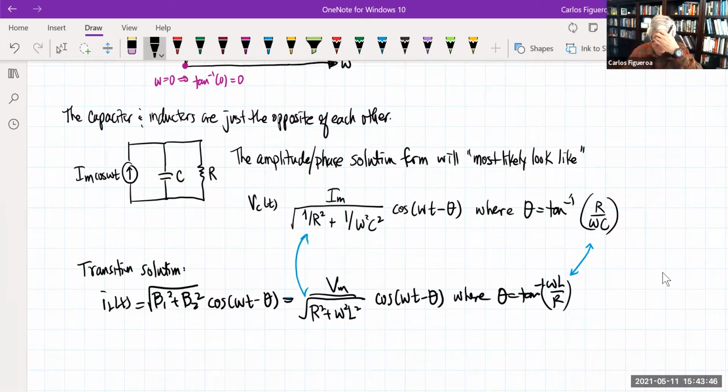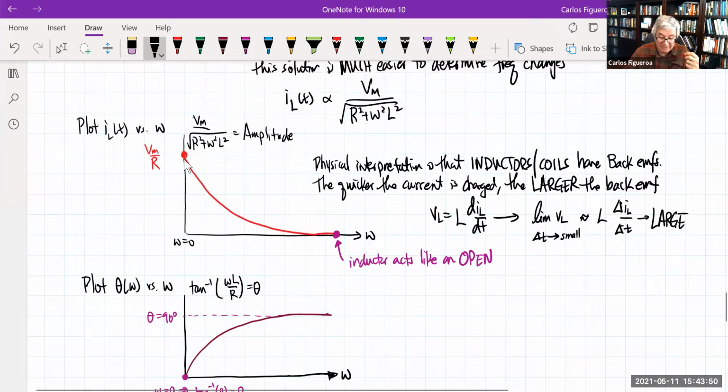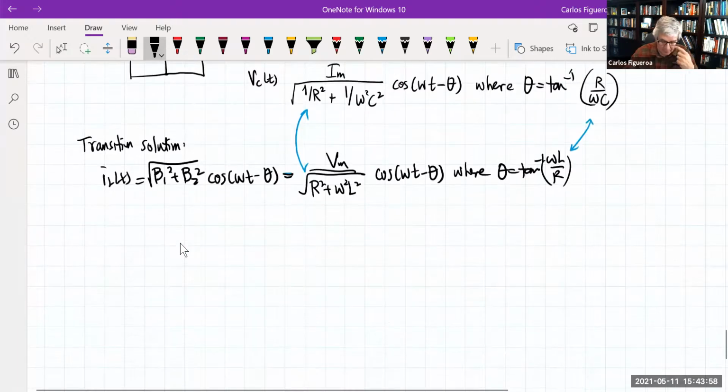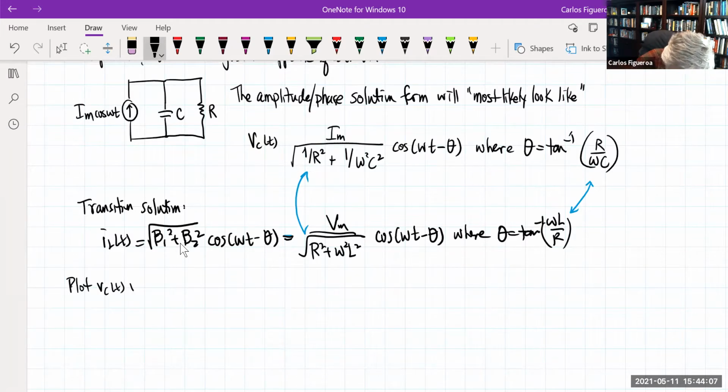Look at the plots here. See how this guy gets a maximum at omega looking like this? That's not the way it is with the capacitor. So if I now go plot VC of t versus omega, then what am I seeing here?